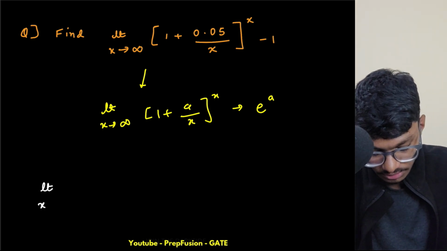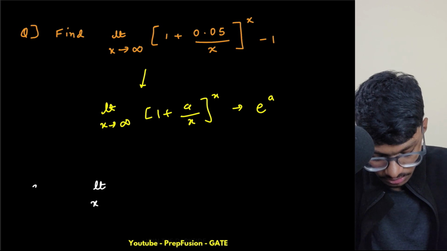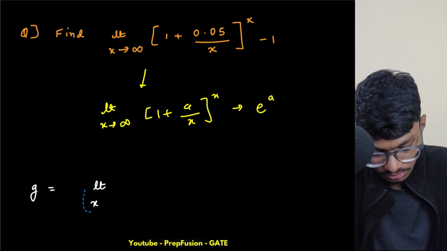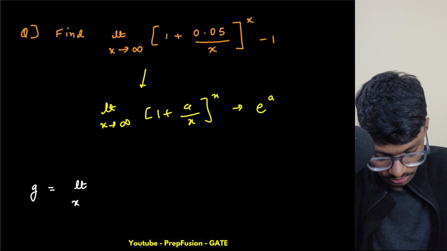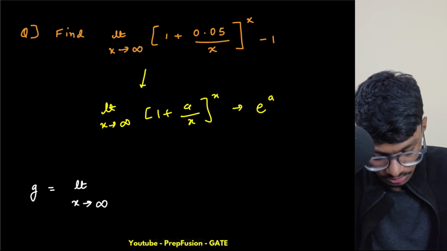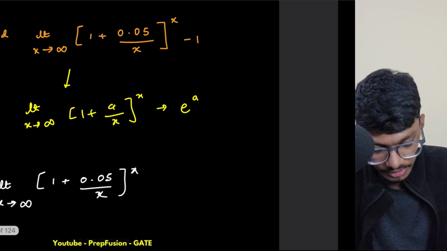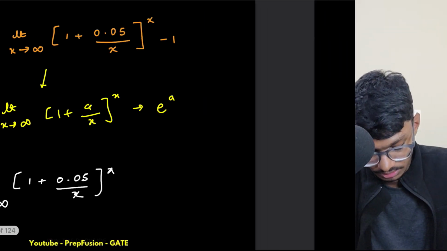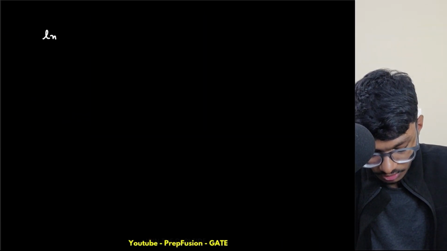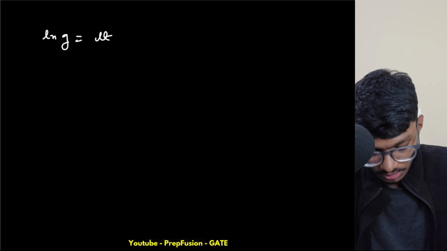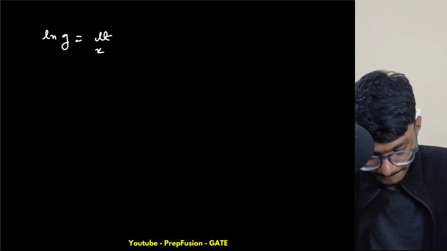Let me name this limit as g, and this is 1 plus 0.05 x. Now let's take the log on both sides. So natural logarithm, I'm taking ln of g, and log can go inside the limit.